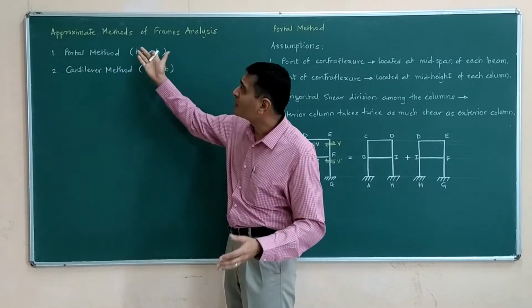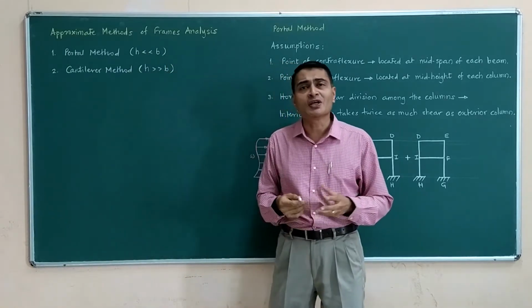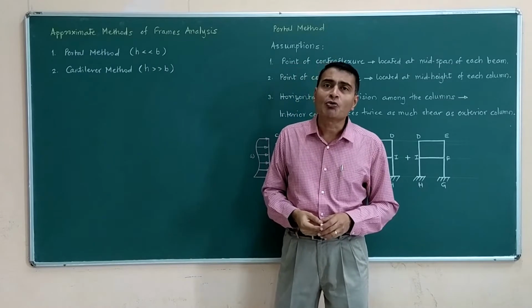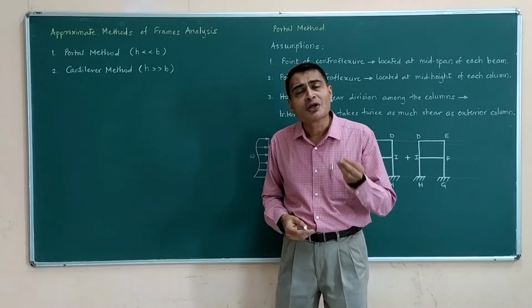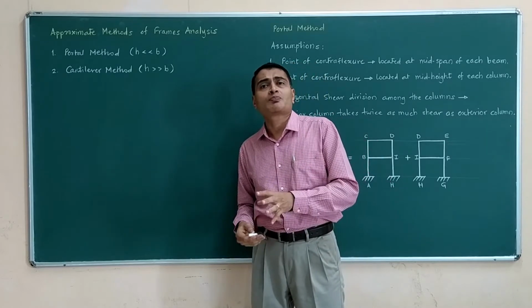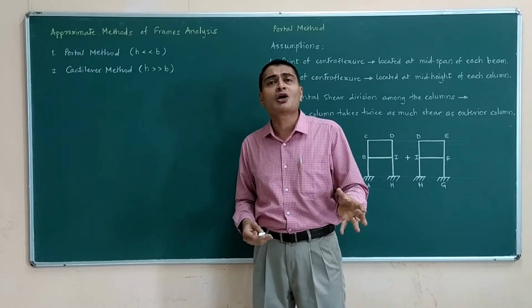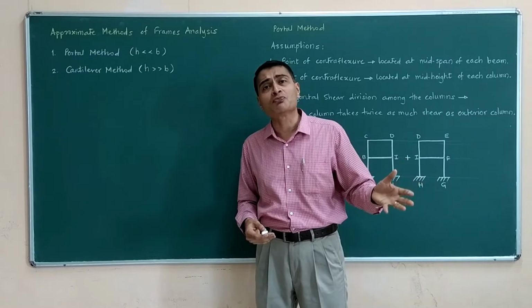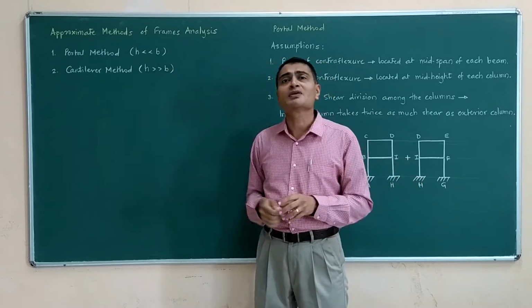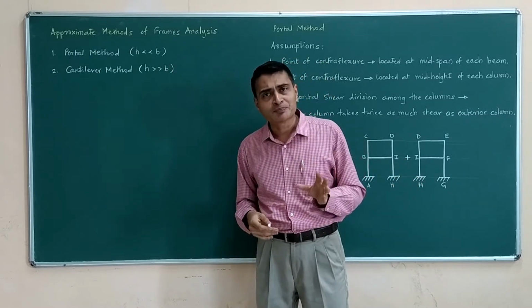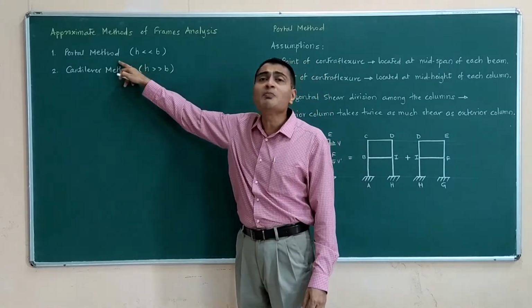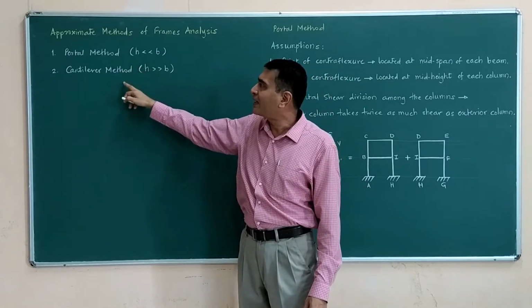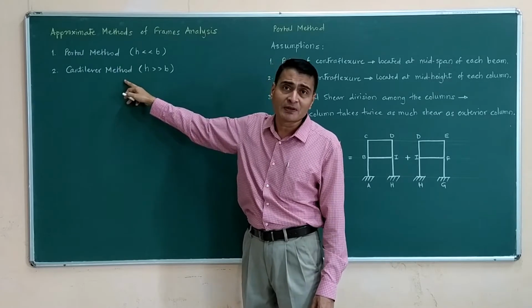So two of such methods we are going to see in this particular module, which are approximate methods. The error produced on analyzing our multi-story, multi-span frame using these methods is acceptable. So which are those methods? We have a portal method and then we have a cantilever method.